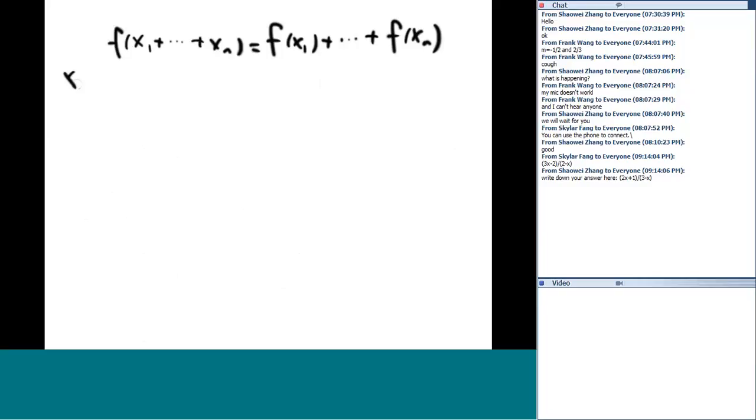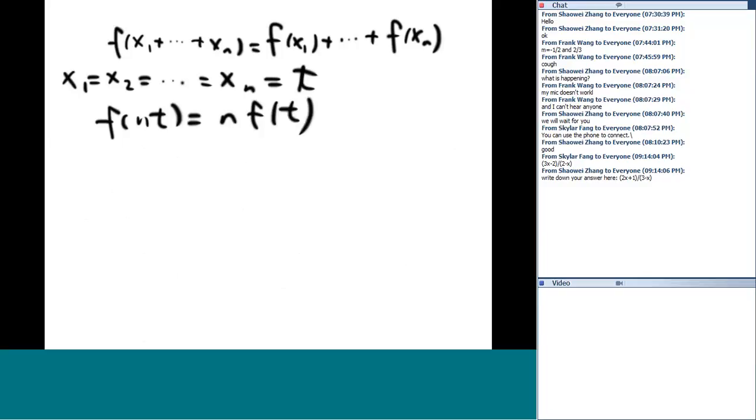Okay, if I let x1 equal x2 equal ... equal xn equal, for example, t, then we have f(nt) equal n f(t). Right? If you let t equal 1, then you get f(n) equals n.